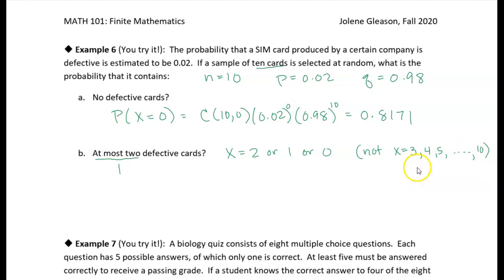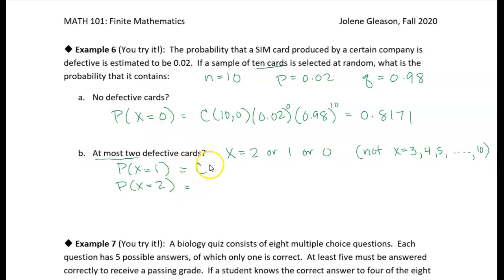Okay, so it looks like it's easier to count this directly and just calculate the number of ways to get exactly 2 defective cards, exactly 1 defective card, or exactly 0 defective cards, which we already have that probability in part A. So really all we need to do is calculate the probability of exactly 1 defective card and the probability of exactly 2 defective cards, and then we'll add in the probability of exactly 0 defective cards as well.